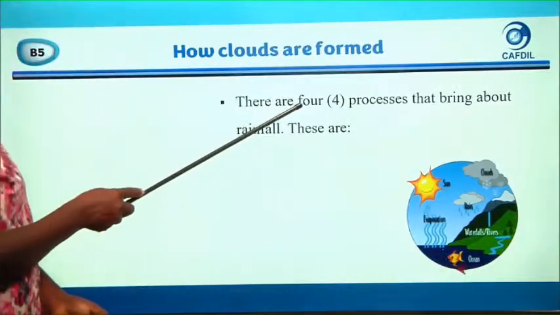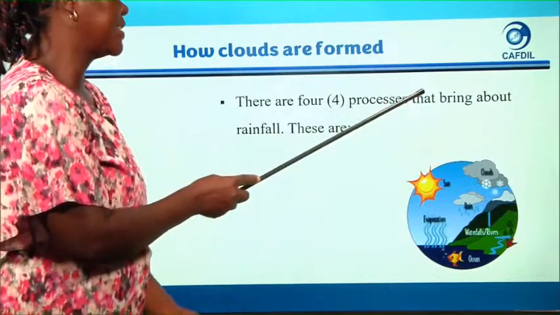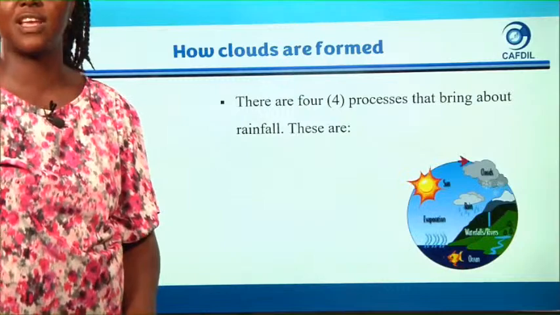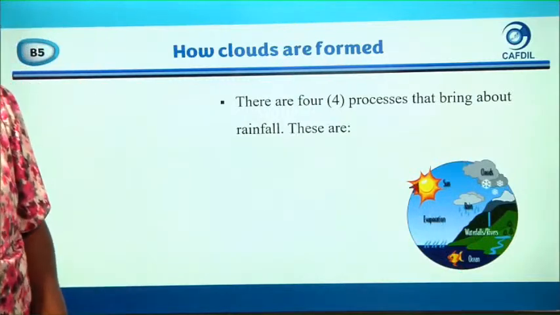This benefits both animals and plants. Now there are 4 processes that bring about rainfall, and we are coming to look at them.